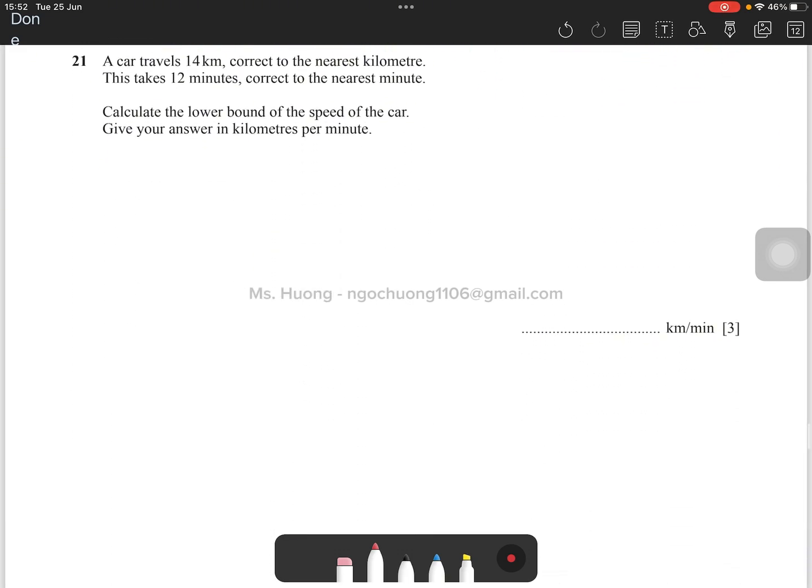Question 21. A car travels 14 kilometers, correct to the nearest kilometer. So if you see the words nearest kilometer, we need to divide 1 kilometer by 2 equals 0.5 kilometer.